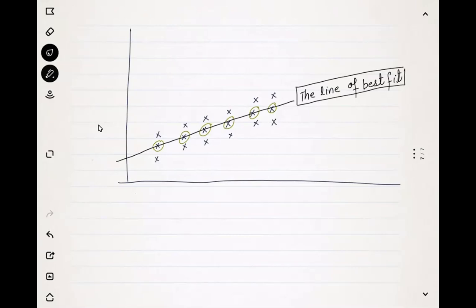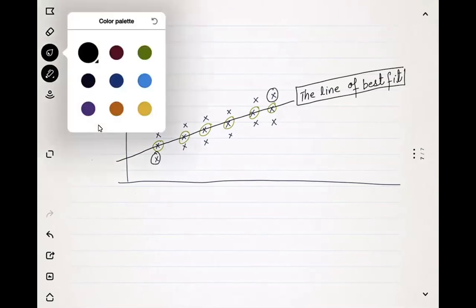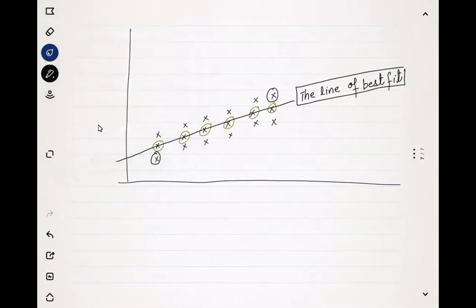Now, for the worst acceptable line, you will join the lower extreme on one side to the upper extreme on the other side, and the graph will become like this. So you will get this type of graph.